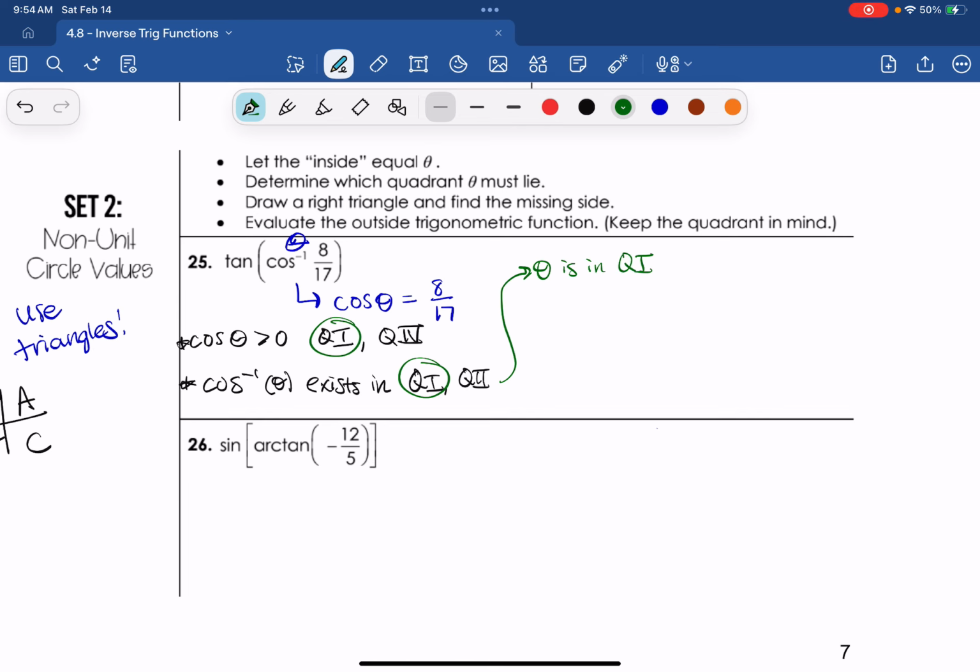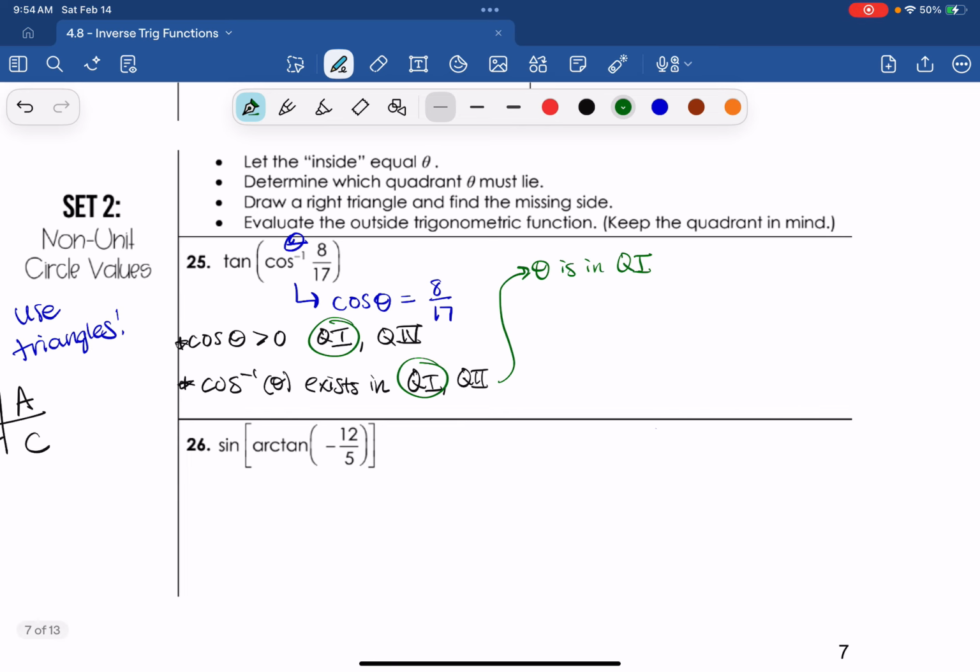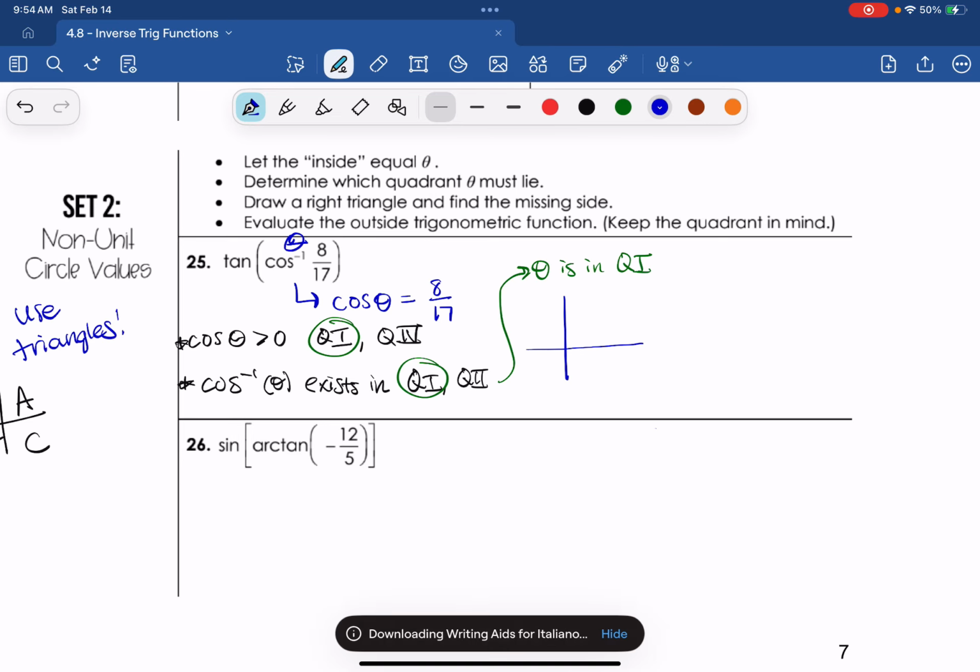So I'm going to go ahead and draw my triangle here. We start from the origin, then drop down to the x-axis and put theta in the corner. Since cosine is 8 over 17, and cosine is adjacent over hypotenuse, the adjacent side is 8 and the hypotenuse is 17.